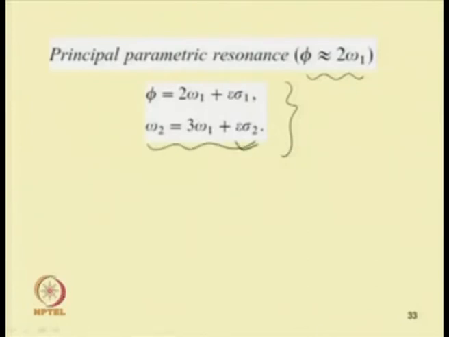The second condition is for internal resonance, and the first condition gives the external resonance. That means the external excitation is nearly twice the first mode natural frequency, and the second mode frequency is nearly thrice the first mode frequency. So, one can study the system for different resonance conditions.